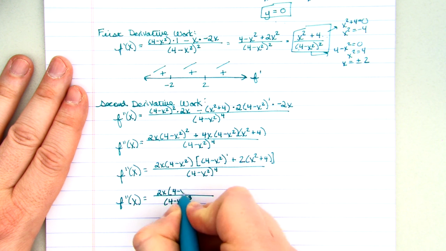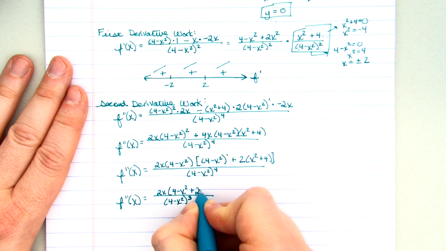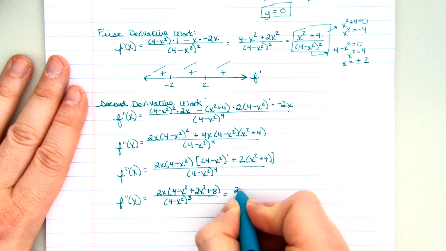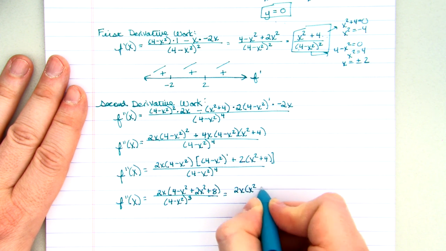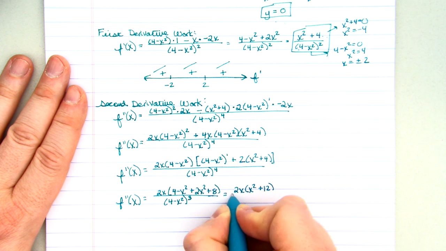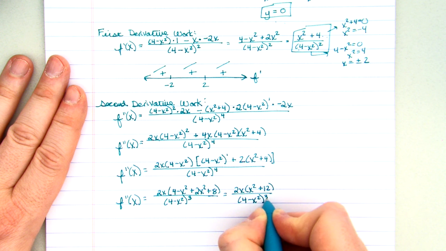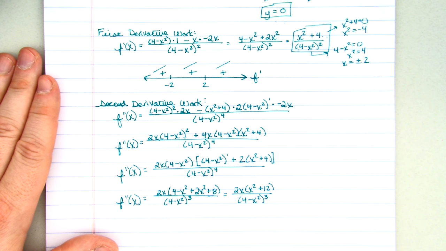Now I've got 4 minus x squared plus 2x squared plus 8, which gives me 2x times (x squared plus 12) over (4 minus x squared) cubed. That is my second derivative.